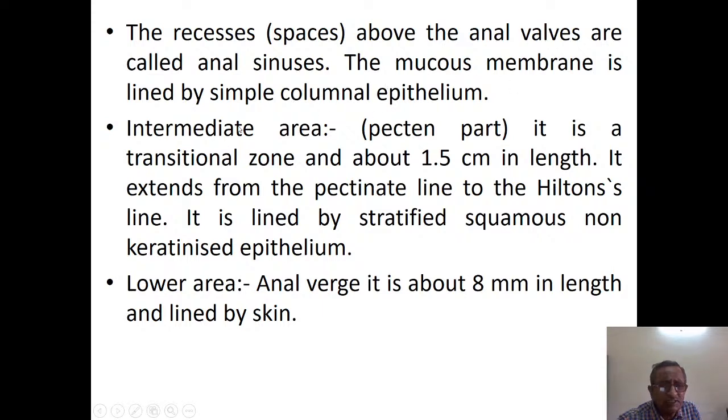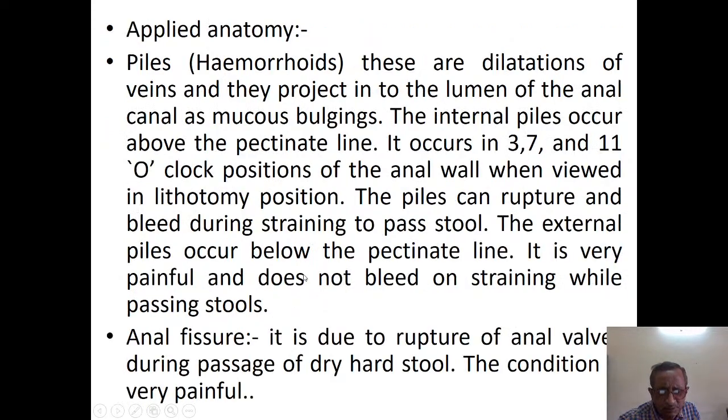The mucous membrane of the anal valves as well as the columns is lined by simple columnar epithelium. Then the intermediate part, the transition zone, is about 1.5 centimeters in length and extends from the pectinate line to the Hilton's line. It is lined by stratified squamous non-keratinized epithelium, and the wedge is lined by skin.